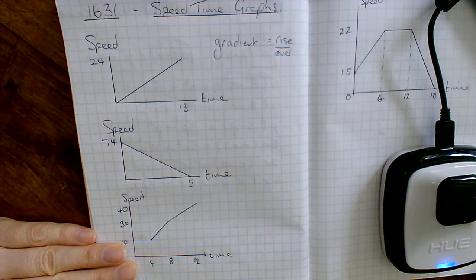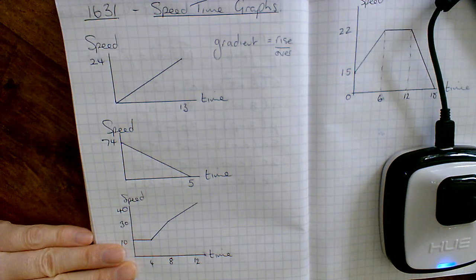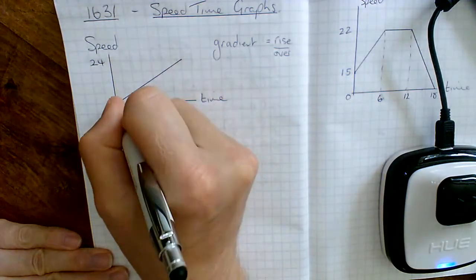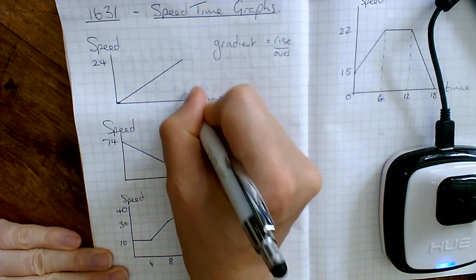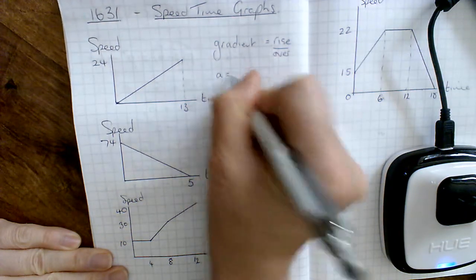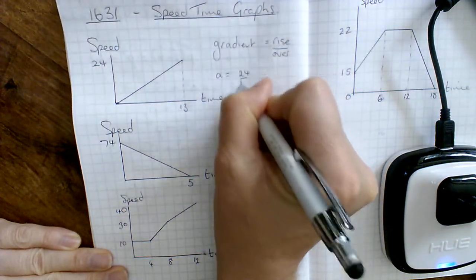So if we look at the first question, we've got a speed of 24 meters per second and we have a time of 13 seconds. So all you've got to do to work out the acceleration is starting from here, you run across 13 and you rise up 24. So this acceleration is equal to 24 divided by 13.